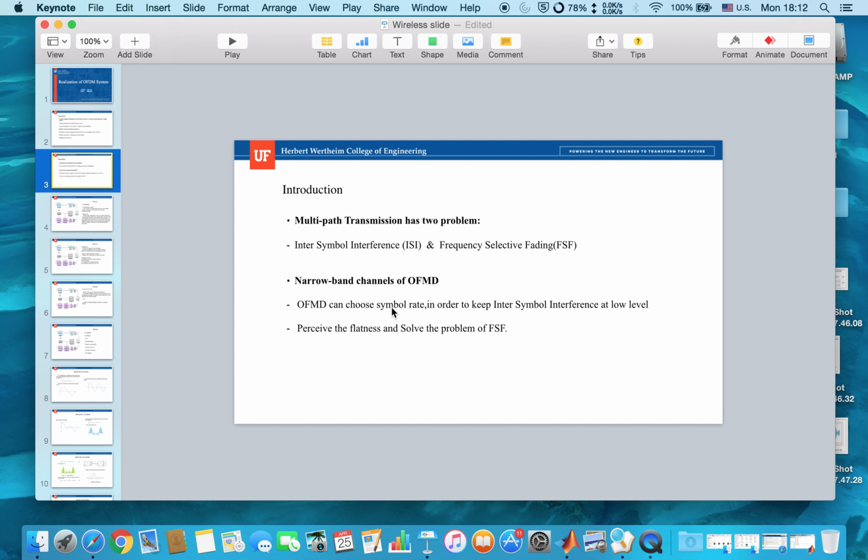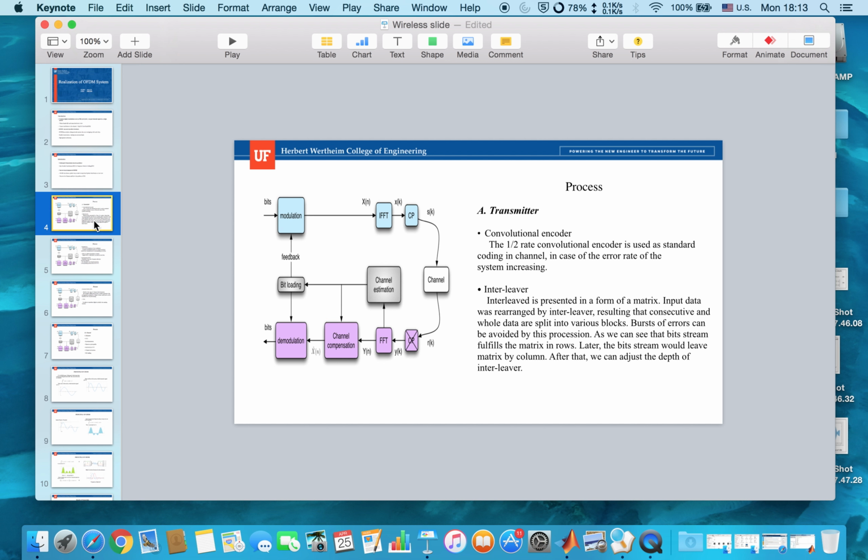OFDM can choose a low symbol rate in order to keep inter-symbol interference at a low level, and the cyclic prefix can solve the problem of FSF. So OFDM is a very effective way.